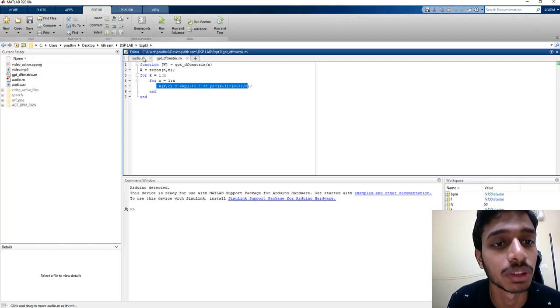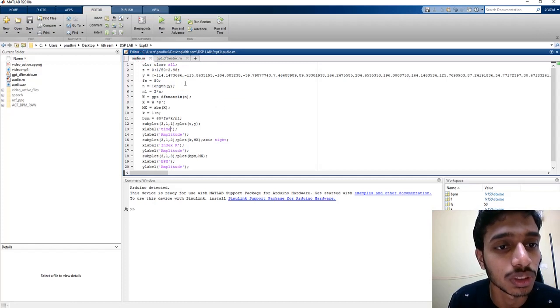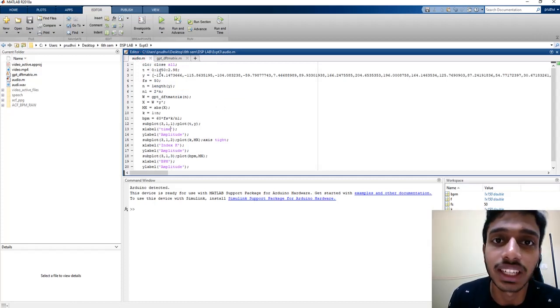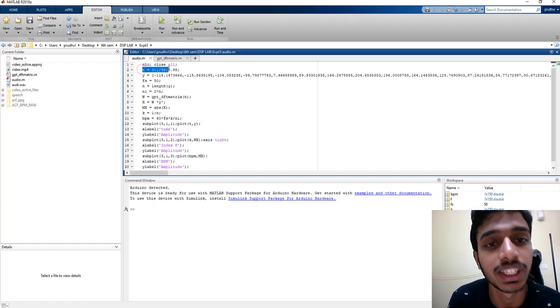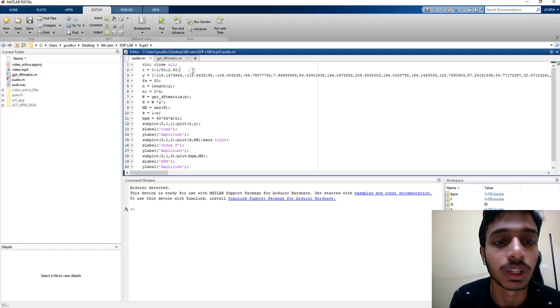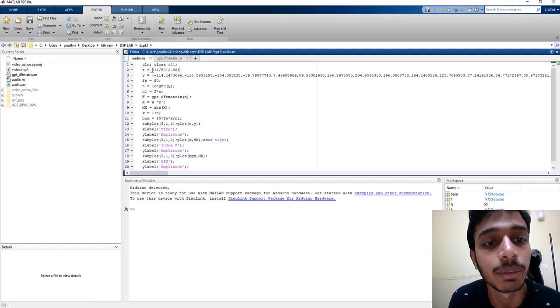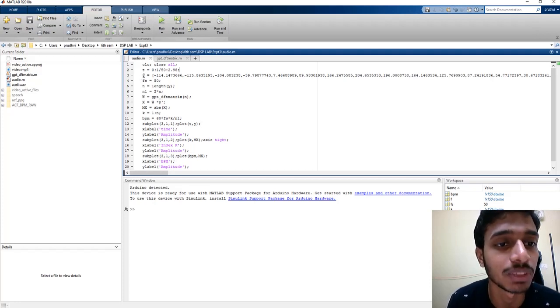So coming back to the main code, my sampling rate here is 50 hertz. I'll be taking 3 seconds. So I have 150 samples, so that would be 3 seconds. Since I'm starting from 0, I'd be ending at 2.98. So y is my input of 150 samples, sampling rate is 50 hertz, n is length of y.